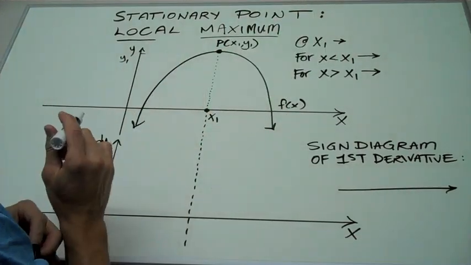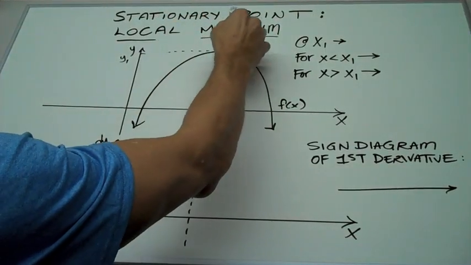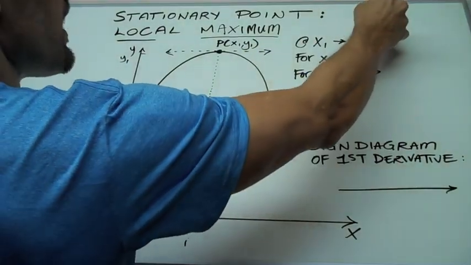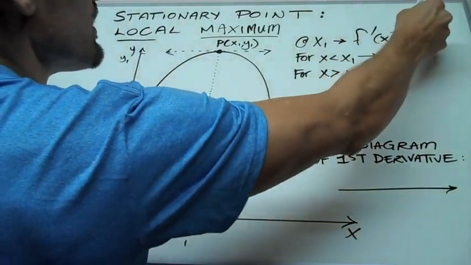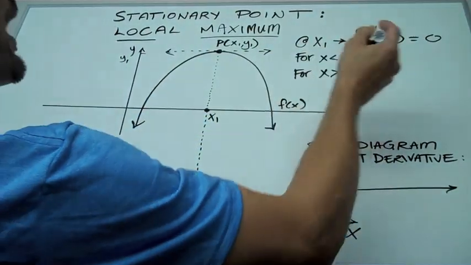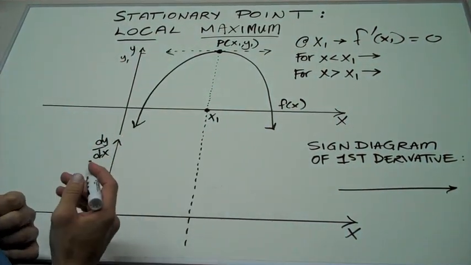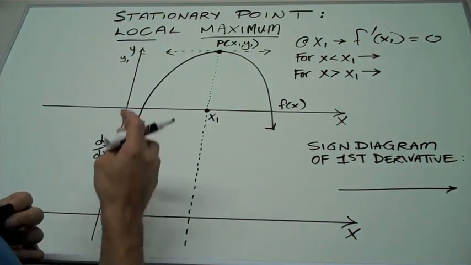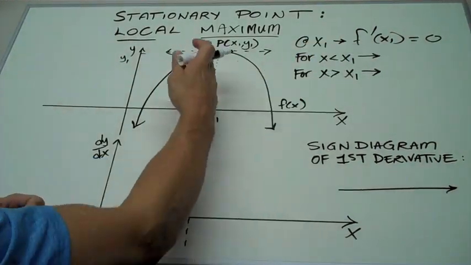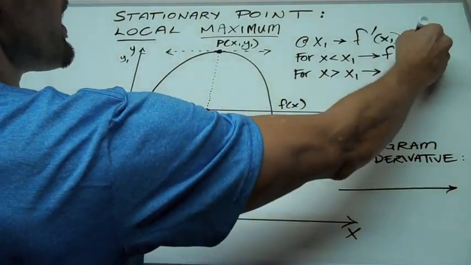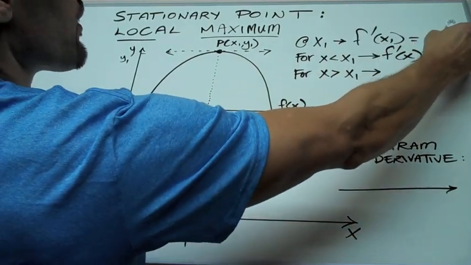At x1, we can see that we have a horizontal tangent line. So we'd say that f dash of x1 is equal to 0. That's what a stationary point is. By definition, we have derivative 0 at a stationary point. Now, why is this a maximum? For x less than x1, so in this region, f dash of any x in that region is greater than 0.